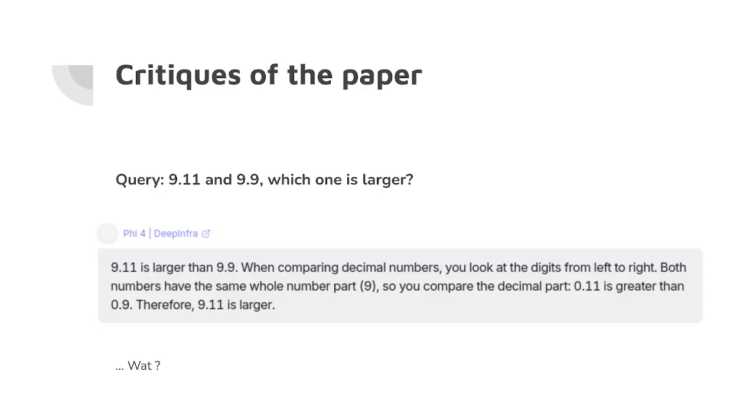To my knowledge, at least according to Andrej Karpathy, it's an issue to do with the embedding of tokens like 9.1 and 9.9, and somehow they refer to it like Bible verses, where 9.11 is further ahead than 9.9, and I think that's how they came up with this number.